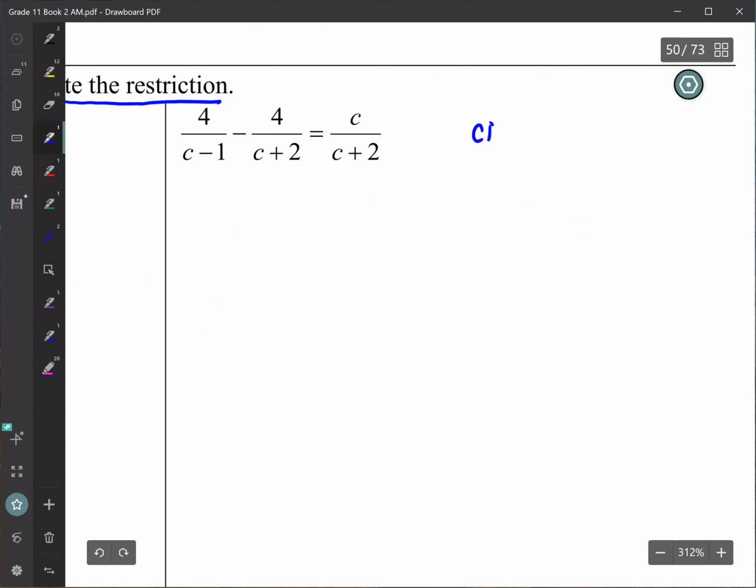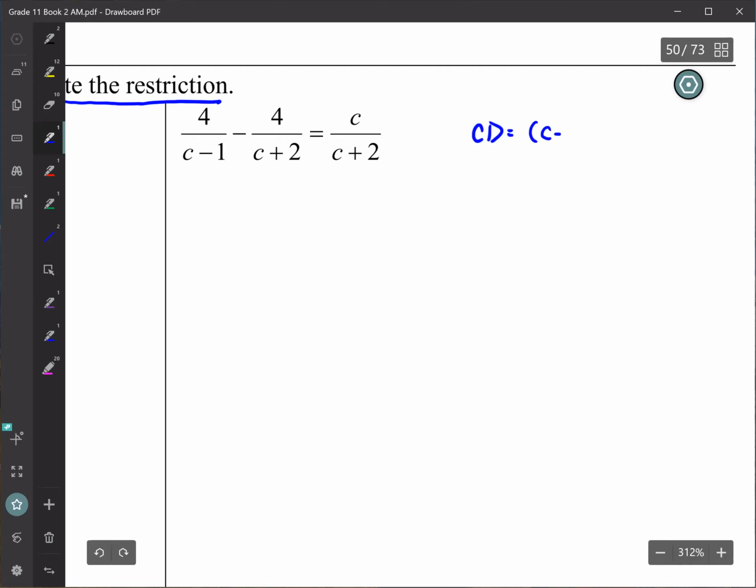I don't really know because it would just be like... I don't know. Okay, how many fractions do you see? 3. Okay, what's the denominator for the first one? C take away 1. Yeah, so we would need that.